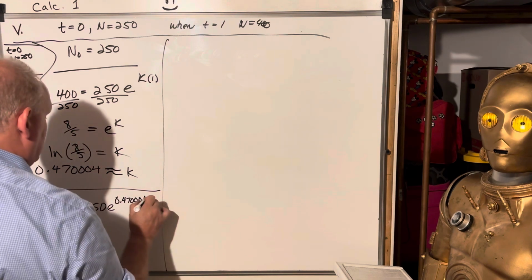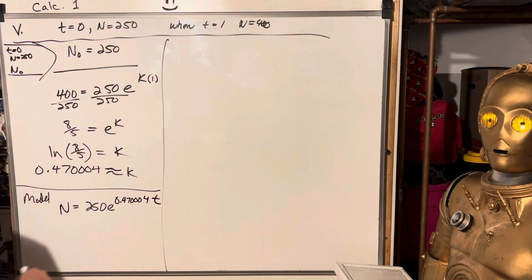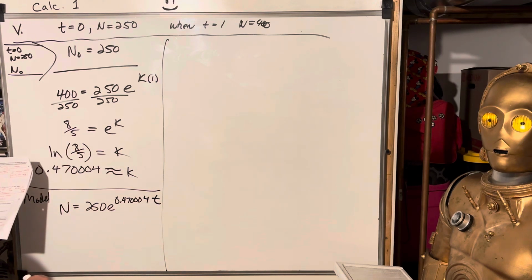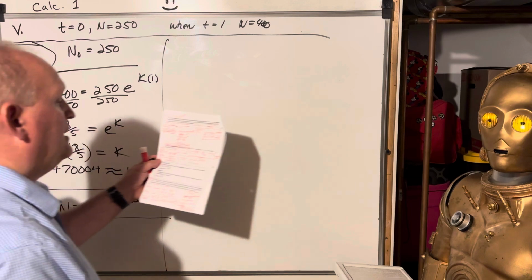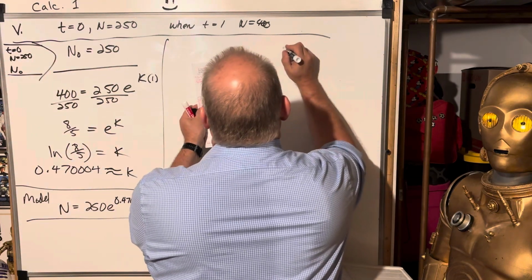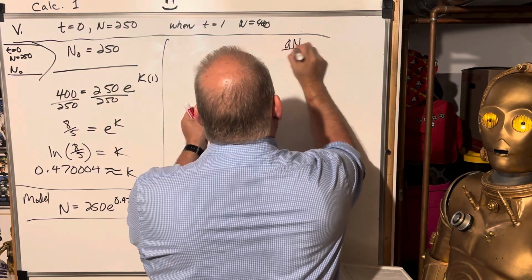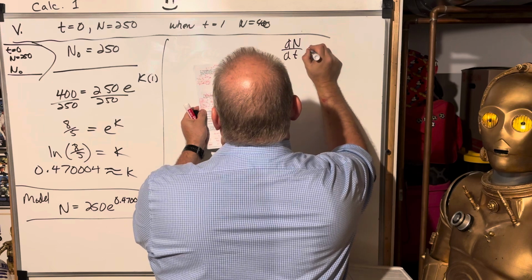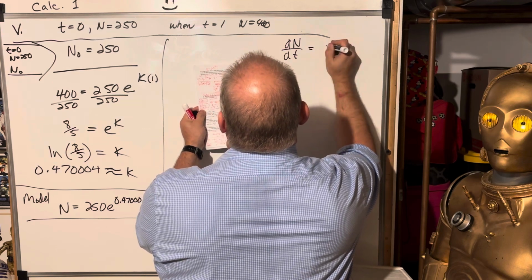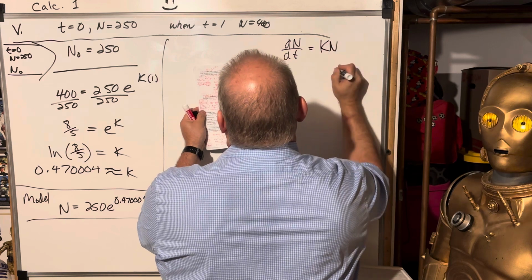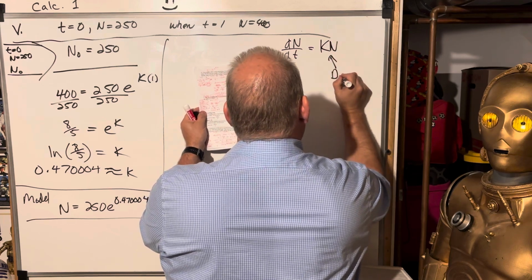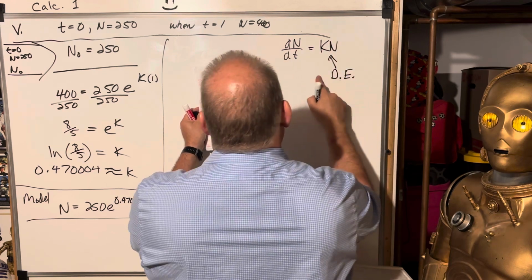And so there's our model. And again, going back to the original, this would be dn dt is equal to kn. That is our differential equation right there.